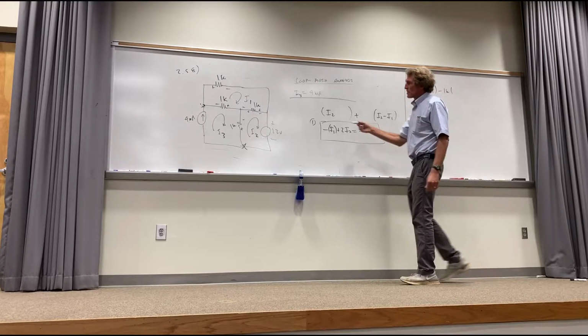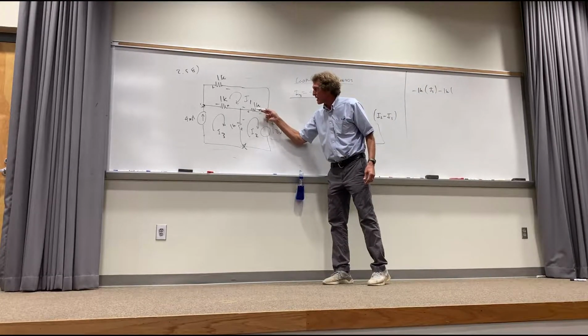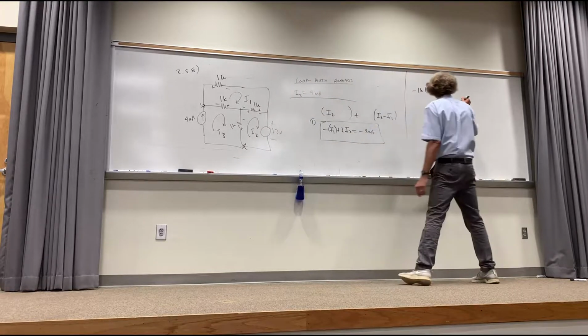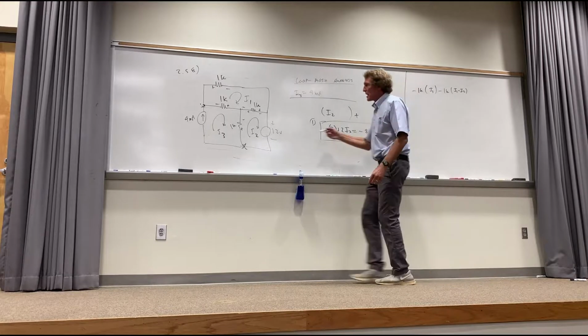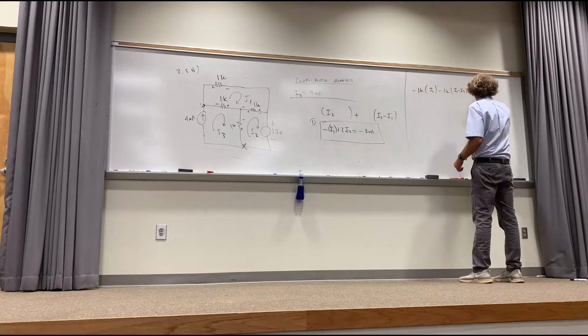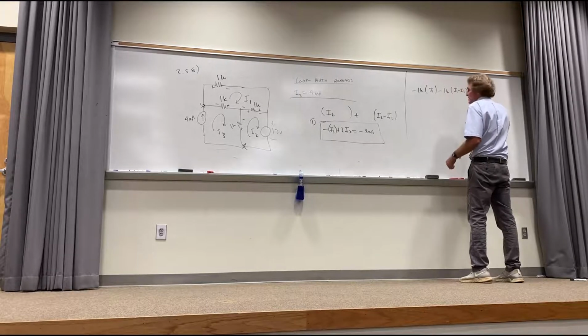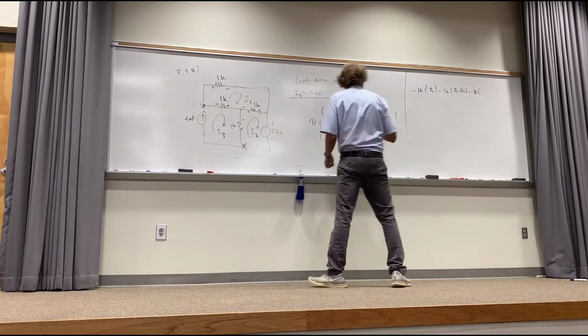What's the net current flowing in that direction? Class? I1 minus I2. Finally, I'm here. It's minus 1K, right? Times what's the net current flowing in this direction? I1 minus I3. Good.